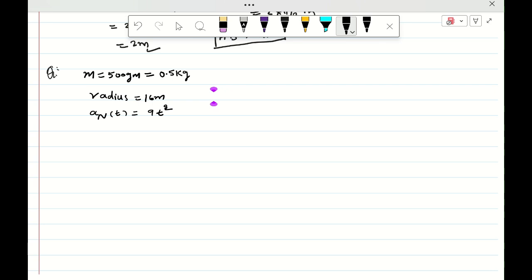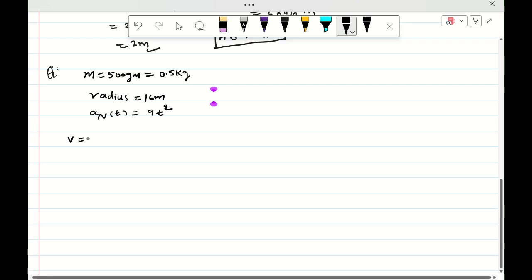Now from this, first you have to find out v bar, the speed. When we know the speed, from that we can find the tangential acceleration. AT is equal to dv by dt.